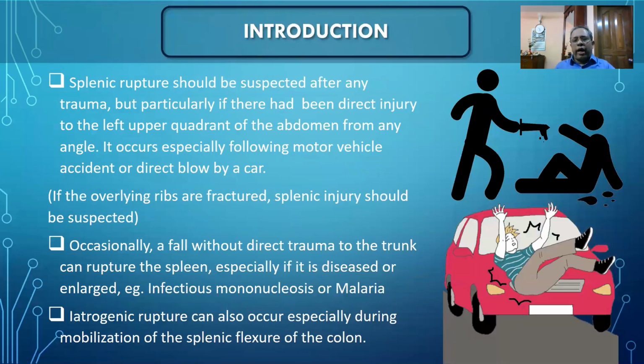In procedures like a total gastrectomy or left hemicolectomy, you need to mobilize the colon and the stomach from the spleen, or a retractor applied over the abdominal wall directly injures the spleen, causing rupture, and sometimes the spleen needs to be removed. The spleen was not diseased, it was ruptured iatrogenically during another surgical procedure. So it is called iatrogenic rupture, and sometimes splenectomy is needed.